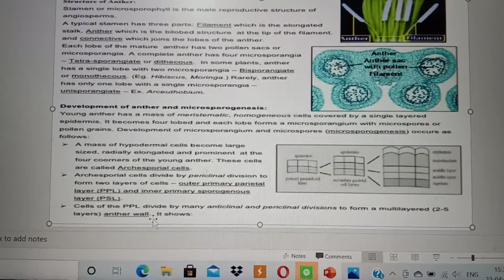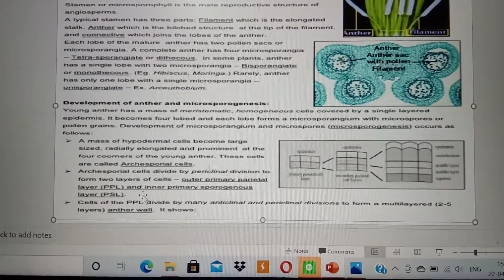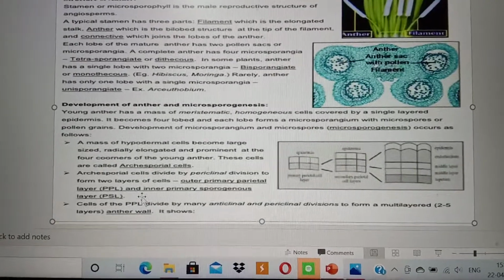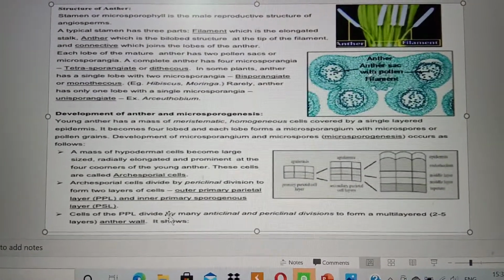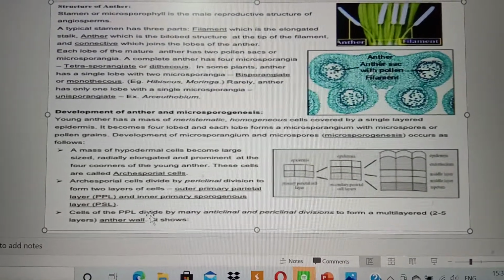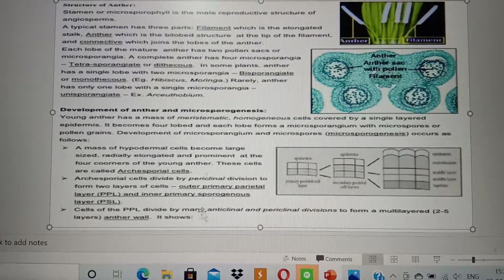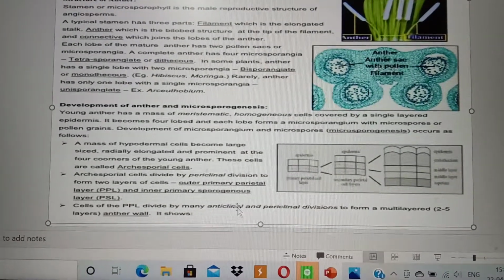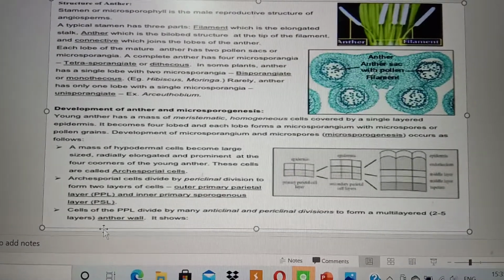So one cell divides into 2 parts, the outer primary parietal layer and the inner sporogenous layer. Then the cells of the primary sporogenous layer divide many times anticlinally and periclinally to form a multi-layered 2 to 5 layered anther wall.